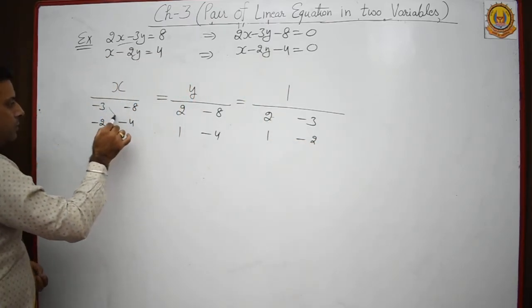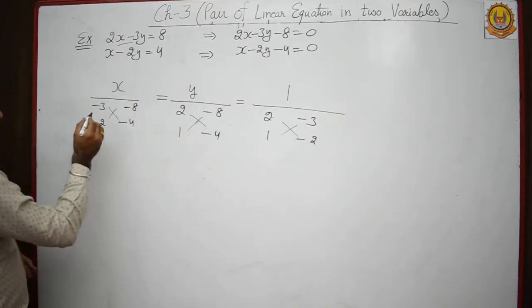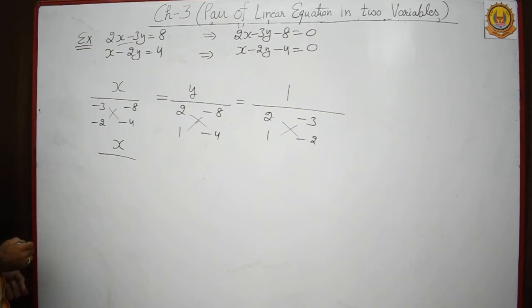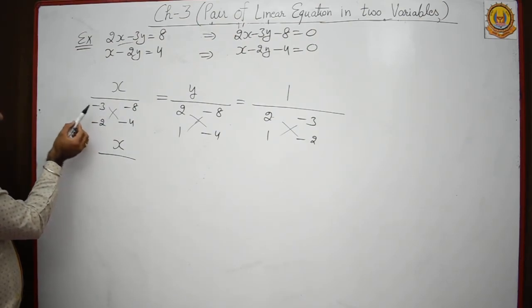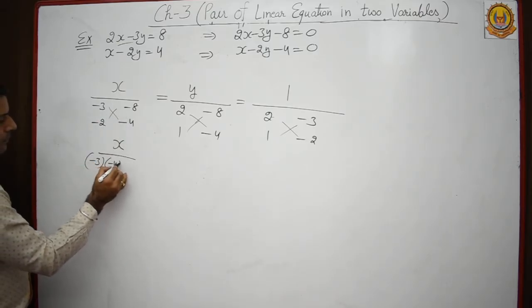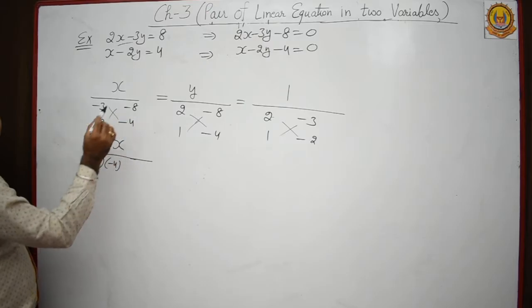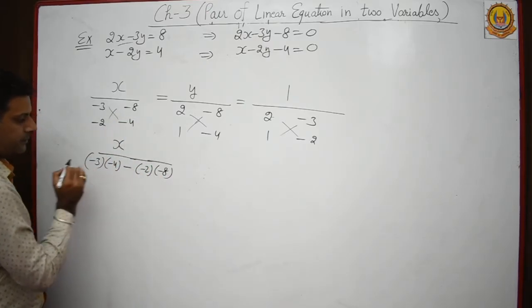Now you have to cross multiply. So firstly x divided by, here you will start cross multiplying from this number. So minus 3 multiplied by minus 4, and then minus 2 multiplied by minus 8. After that you have to subtract it.